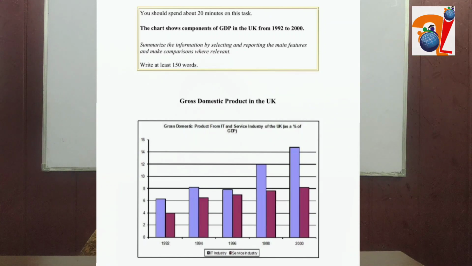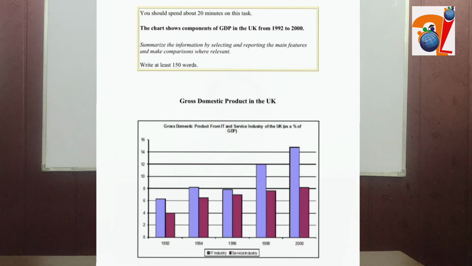So in all the years, the margins, the profits which contributed to the GDP of the UK were continuously increasing. Look at the other side. First one 6.5, then it is 8, then a slight fall, around 8 you can say, then 12 and then 14. It kept on increasing in all the years.